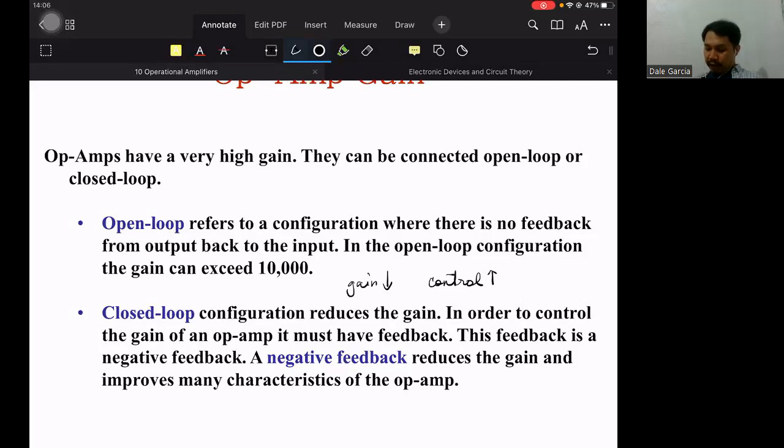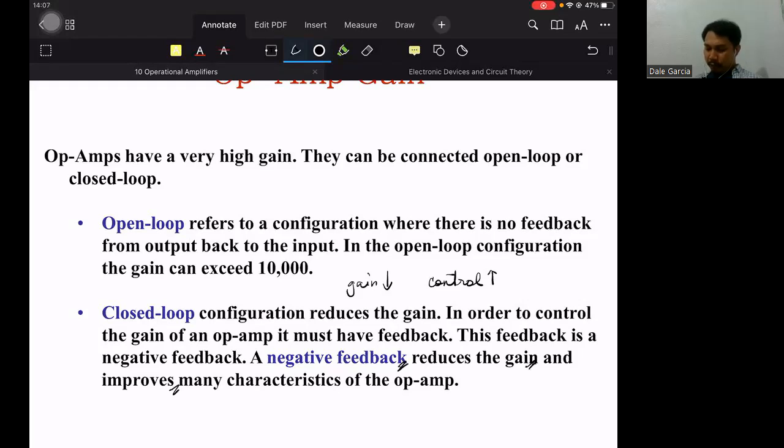So in order to control the gain, it must have a feedback. This feedback is a negative type of feedback. Negative feedback reduces the gain and improves many characteristics noon sa op amp. No? Pagkaayo ka ng very much favorable gin sa ato, although na-reduce ang gain, na-improve na noon ang many other characteristics sa op amp.